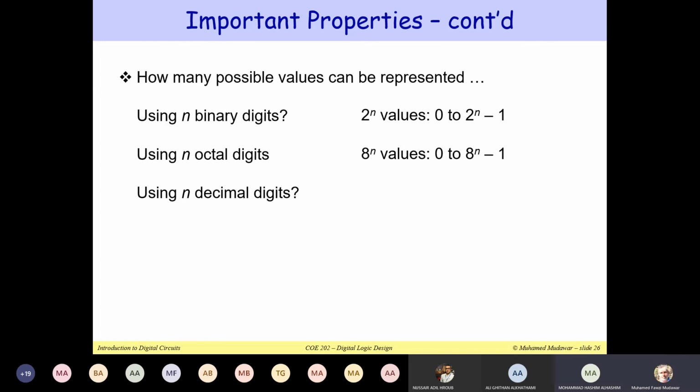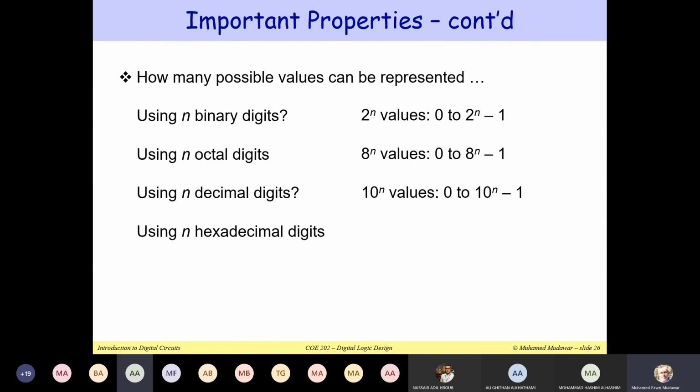It will be 10 to the power n values. You start at 0 and you end at 10 to the power n minus 1. Exactly. How about n hexadecimal digits? The total values will be 16 to the power n. The smallest will be 0. The largest will be 16 to the power n minus 1.